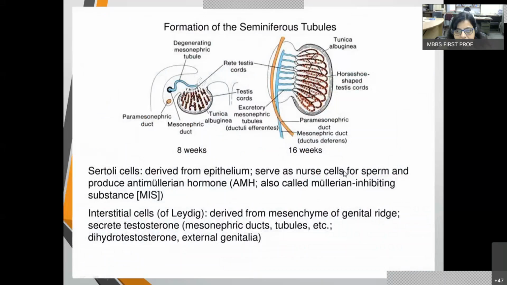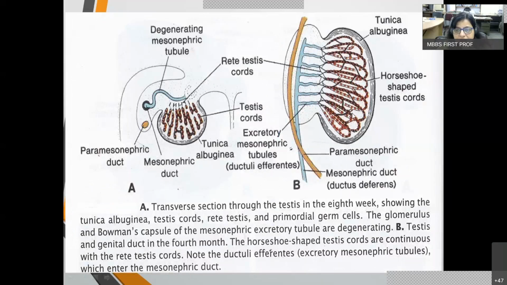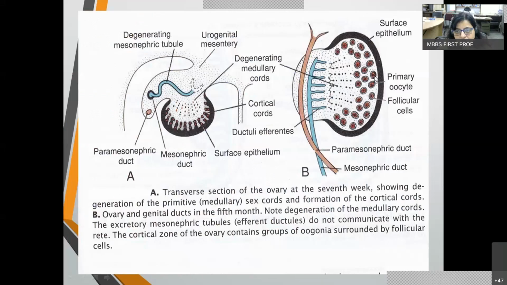See this one, where the medullary cords are present in the medulla, with the tunica albuginea, and the duct system is connecting to the mesonephric duct. Whereas in females, you see there are cortical cords, and these cortical cords are responsible for the formation of follicular cells. Okay.